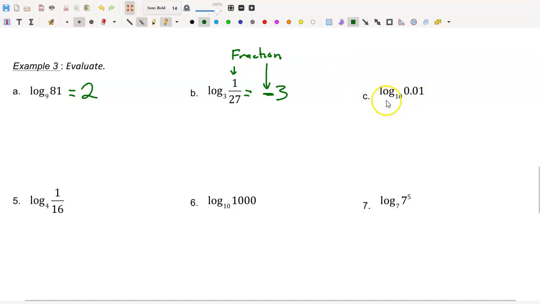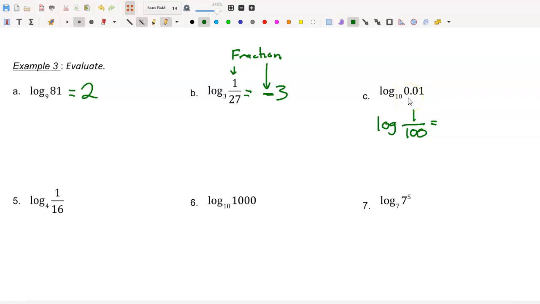And then lastly we have log of 0.01, also known as log of 1 over 100 if you rewrite it as a fraction. Okay. So similar to B here, we have an assumed base of 10. You notice I didn't write the 10 in there because it's assumed to be 10 if it's not written there.